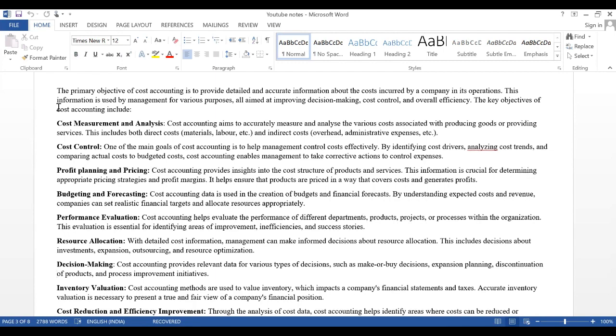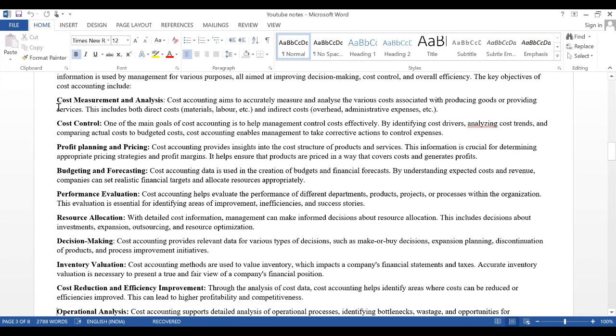So when we study the cost sheet, then you come to know this cost sheet includes the labor cost, even the material cost, right? Direct and indirect cost. So when we use cost accounting in our organization, it is helpful to ascertain the accurate expenditure or accurate cost for the produced goods and produced services.